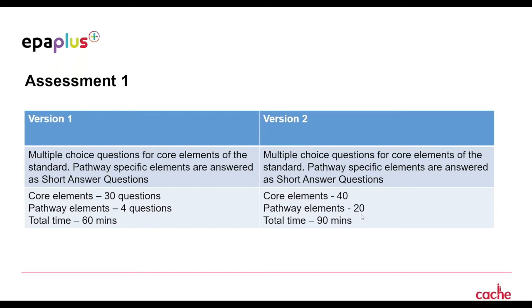And you'll notice as well that the assessment time has been increased to 90 minutes in total. So that assessment now takes 90 minutes for that multiple choice questionnaire, and all of those 60 questions are multiple choice.